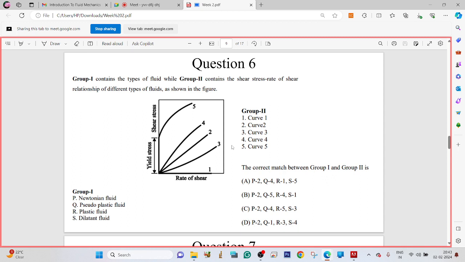So for pseudoplastic, n is less than 1. For Newtonian fluid, n is equal to 1, and for dilatant fluid, n is greater than 1. Because stress will be continuously increasing as we'll be applying strain, right?